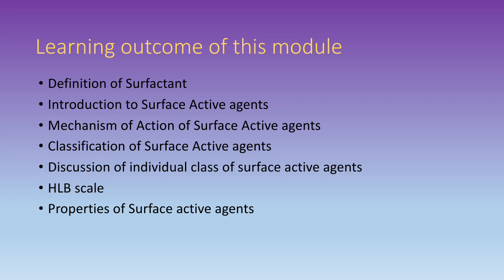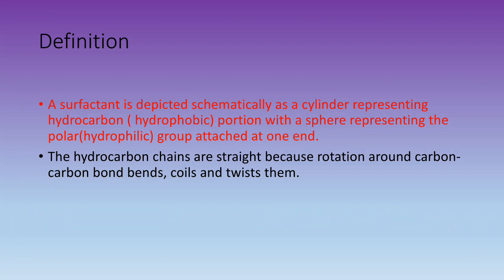So, starting with the definition of surface active agent, or simply surfactant. What is a surfactant? A surfactant is depicted schematically as a cylinder representing the hydrocarbon portion, with a sphere representing the polar group attached at one end.